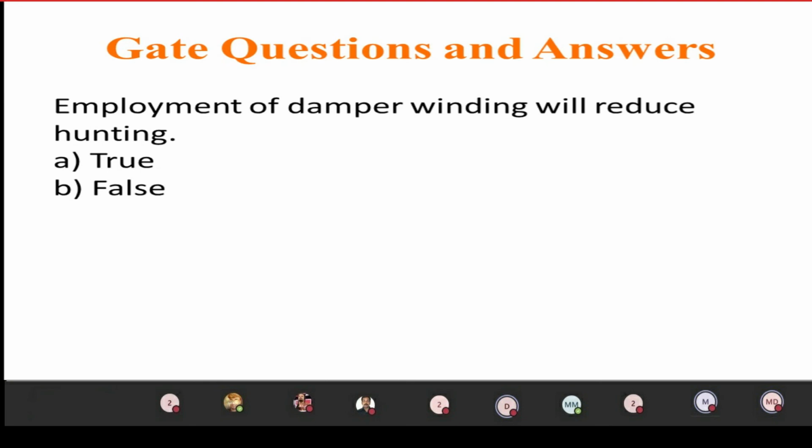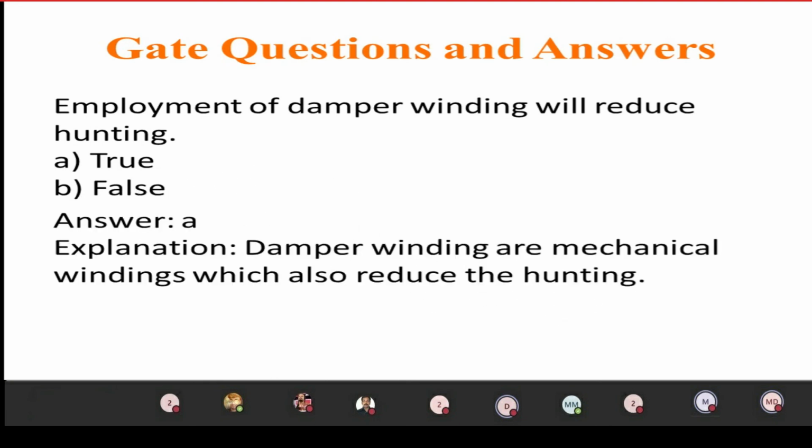When the speed reduces below the synchronous speed, it produces torque. It acts like an induction motor and produces the torque. So the employment of damper winding will reduce hunting. It is one of the methods to reduce the hunting effect. So answer A is true. Damper winding or mechanical winding also reduces the hunting, because we have different methods, like the flywheel method.